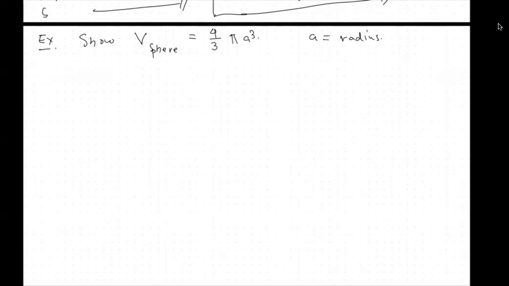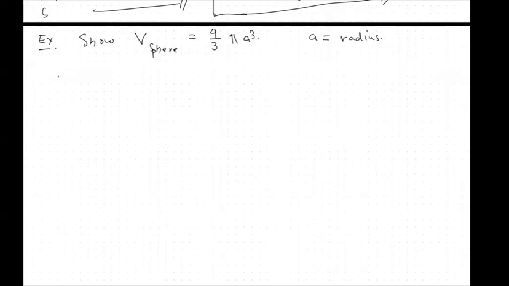So we know that the volume of the sphere is 4/3 pi a raised to 3, where a is the radius. So here we will show that the volume of the sphere is 4/3 pi a cube.